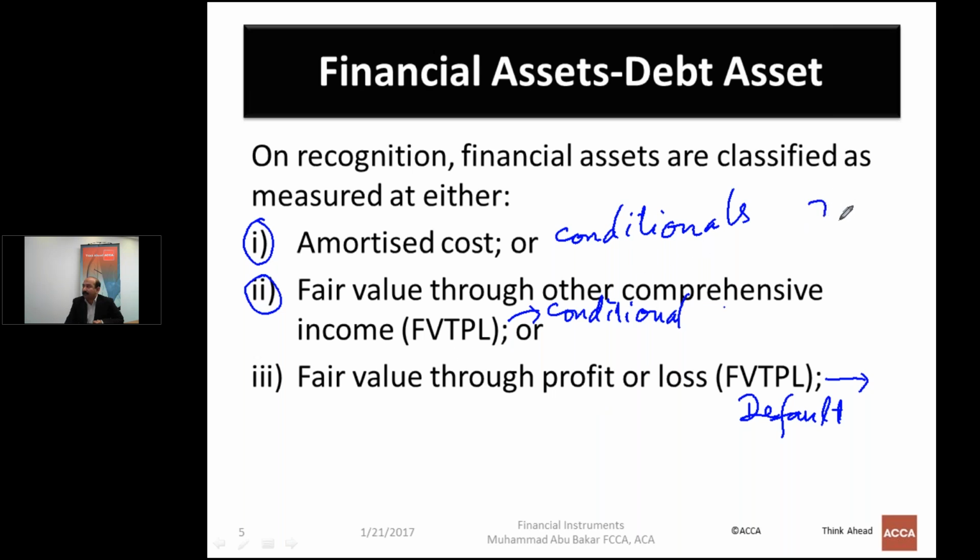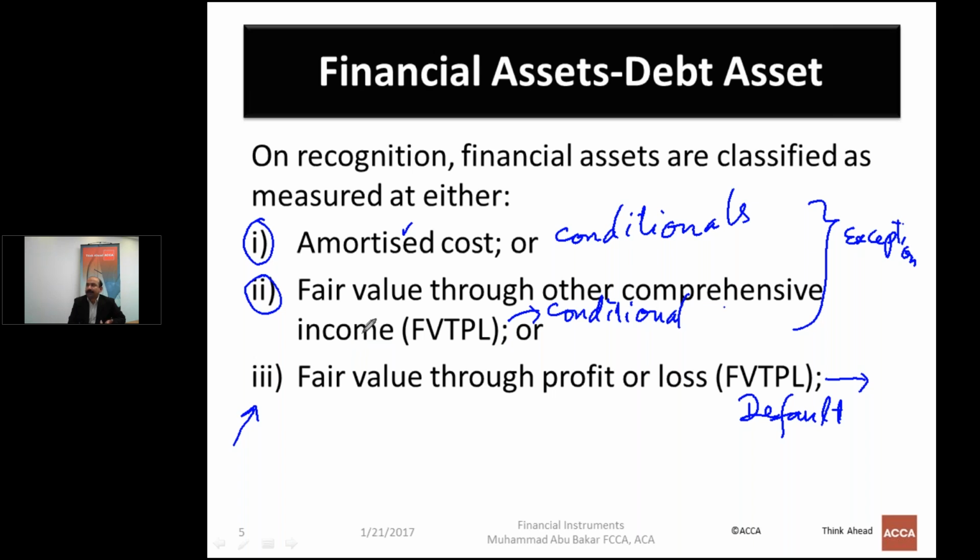And there is one exception as well. What is that? Even if those conditions are there, even then you can apply number 3. I repeat, please note this small sentence: if certain conditions are there, you will have to measure that debt asset at amortized cost.